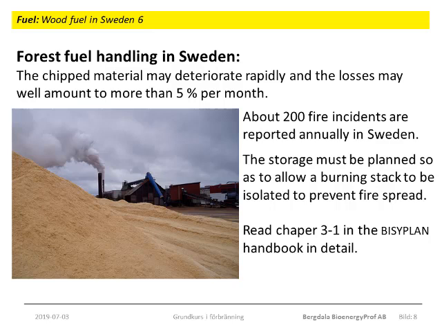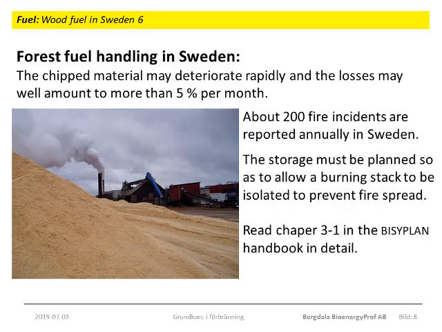This is a natural thing and cannot be stopped. So it is very important that the fuel storage by the energy plant takes the risk for fire into account. Almost 200 fire incidents in forest fuel storages are reported annually in Sweden.